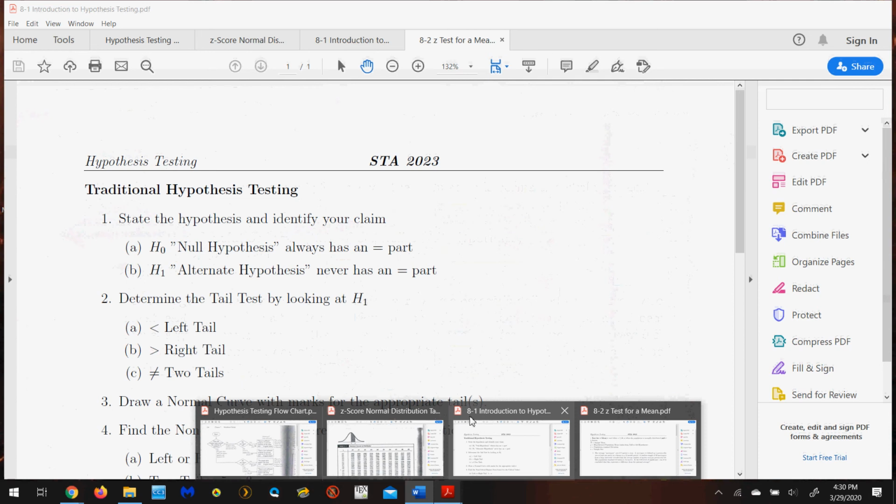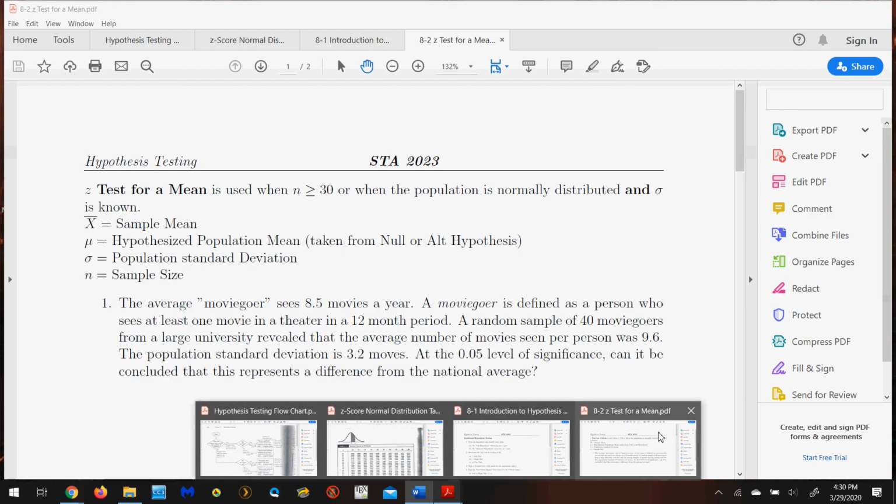It is called the Introduction to Hypothesis Testing. And then this one, which I use for every lesson, is 8-2 z-test for a mean. I am covering 2 sections with this lesson because the first section is very short and very quick.